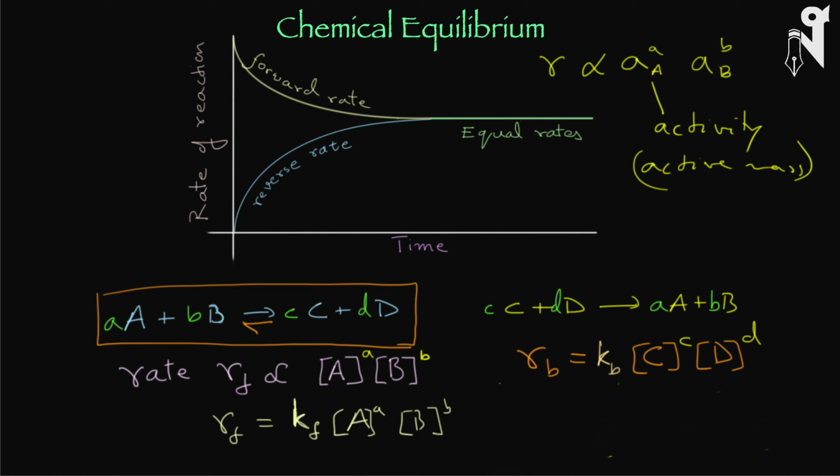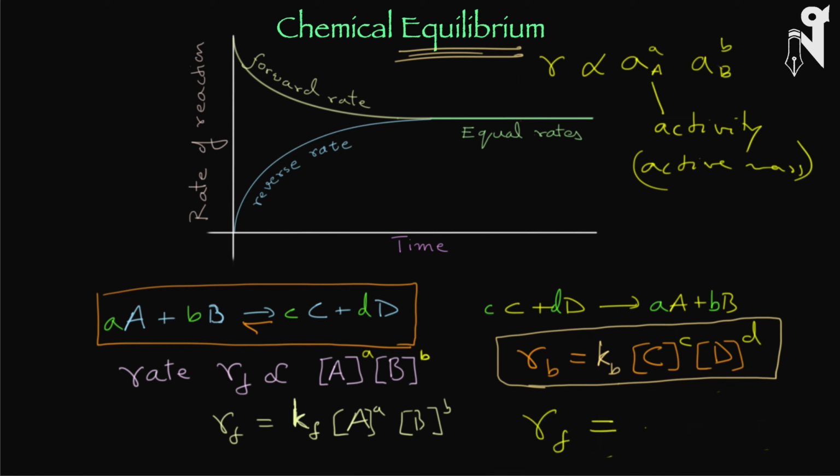So this year we don't have to concern ourselves with how we get this, but we have to concern ourselves with equilibrium, which means that the rate forward is going to be equal to the rate backwards when equilibrium is reached. So this is the case we are going to study.